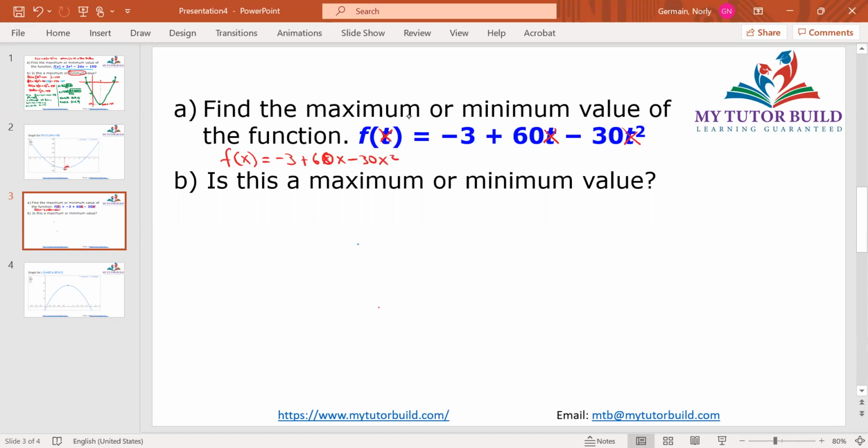Or you can simply rewrite the function as f of x equal negative 30x squared plus 60x minus 3.